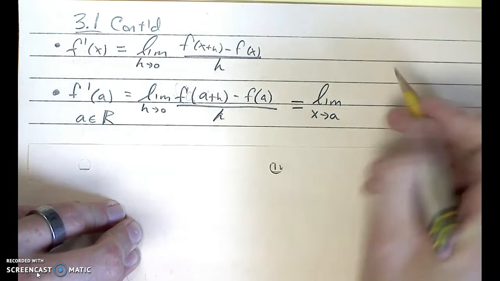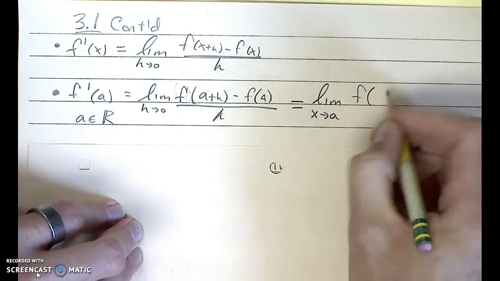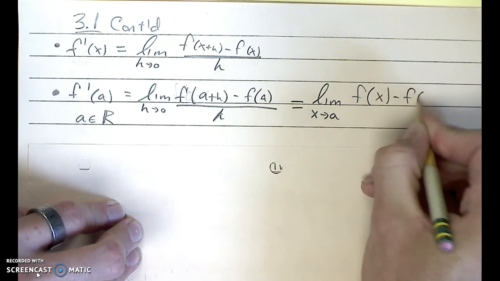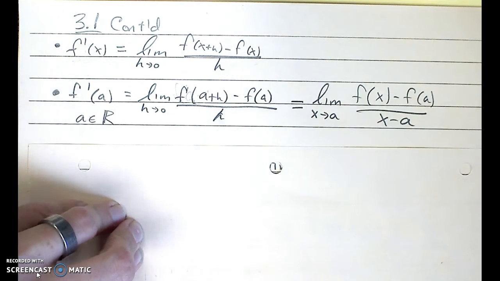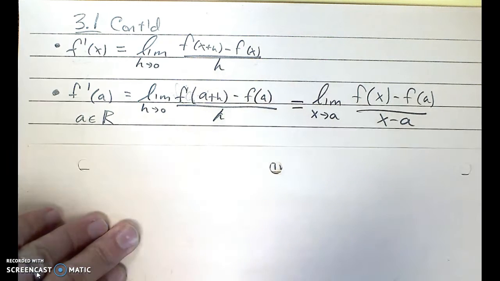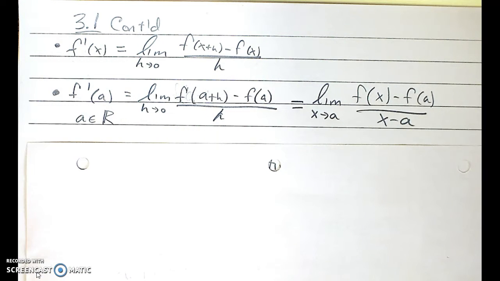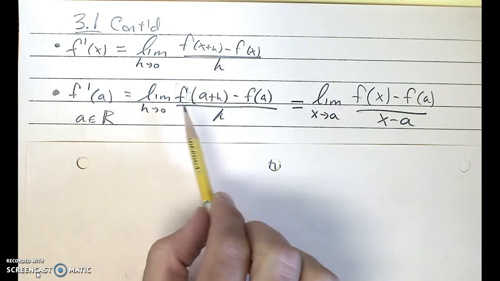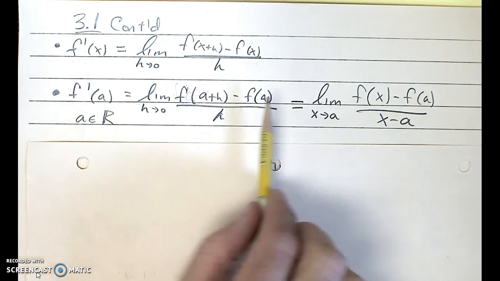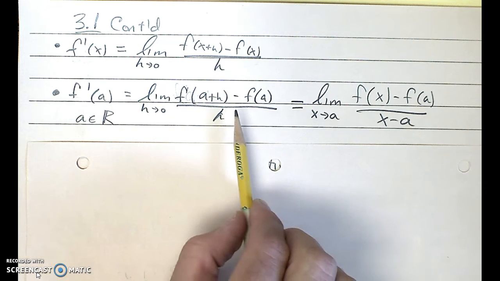That's the limit as x approaches a of f of x minus f of a all over x minus a. That's also a definition that you will use in section 3.1. So the idea that the derivative at a point is a limit is huge.